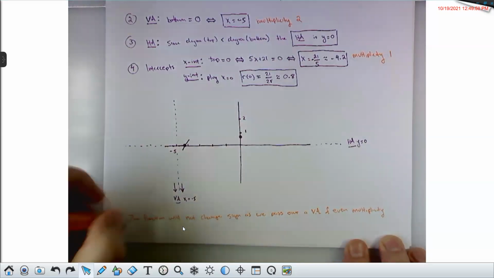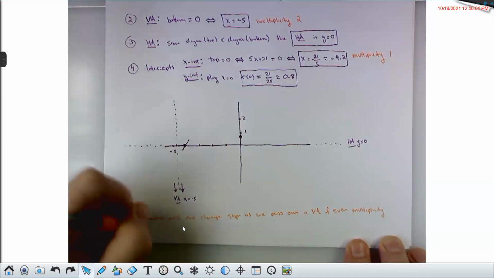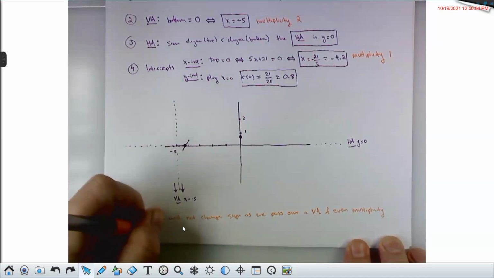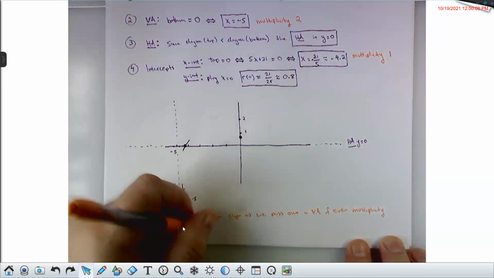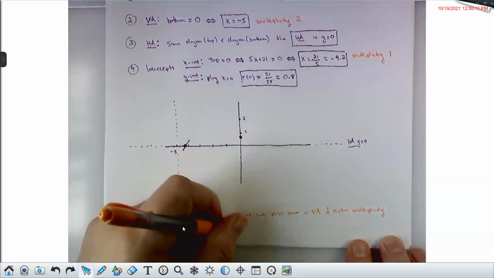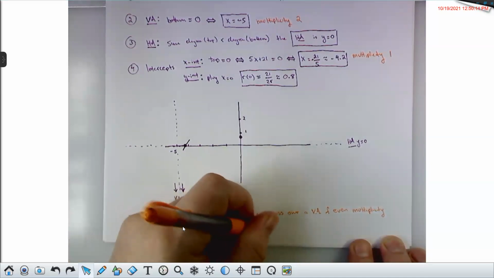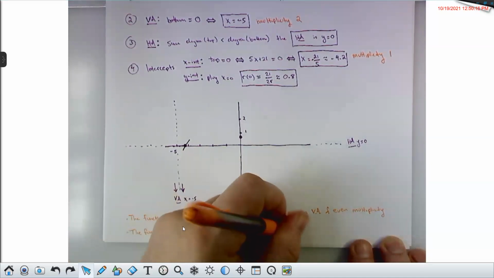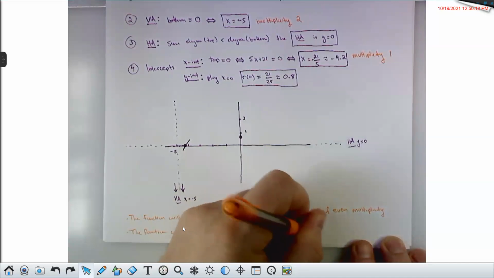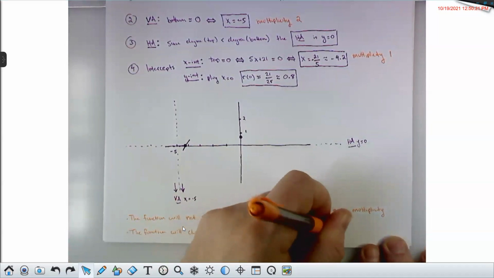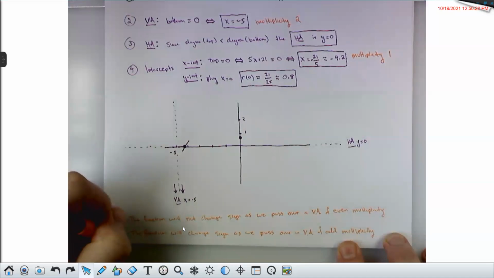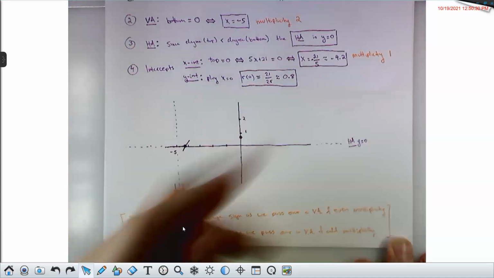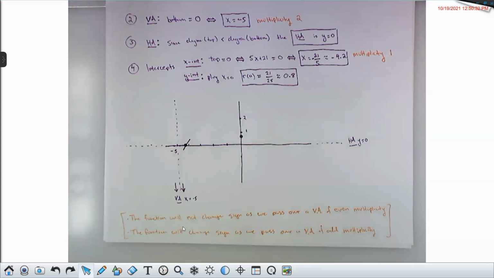And the corresponding rule is that the function will change sign as we pass over a VA of odd multiplicity. So this is the rule for sign changes over vertical asymptotes.